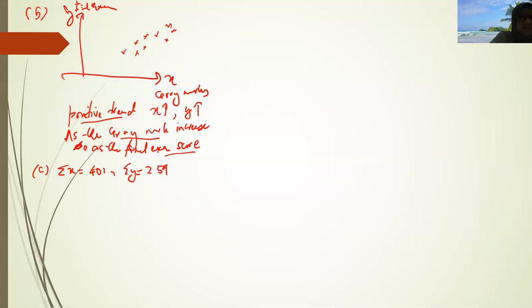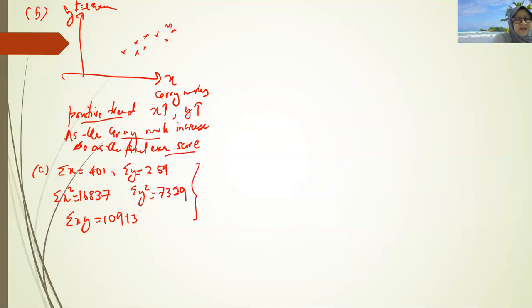Sum of Y squared is 7329. Sum of X squared is 16837, and sum of XY is 10913.